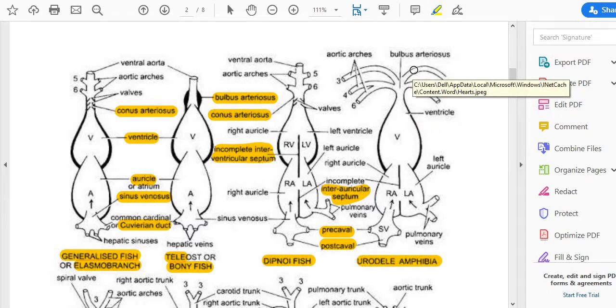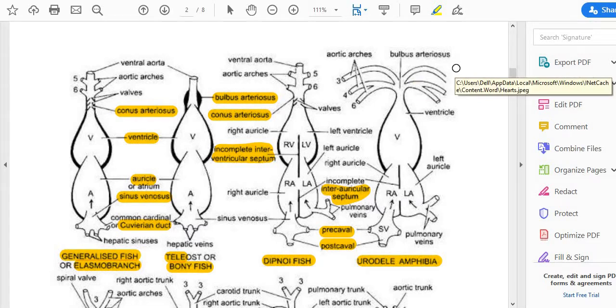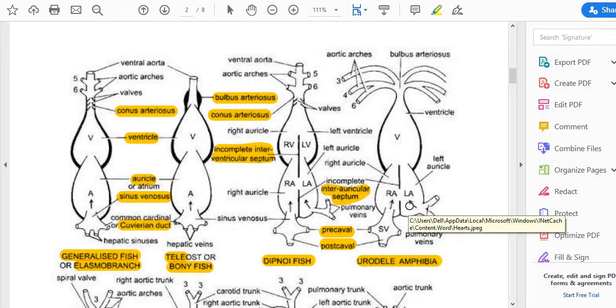goes to the lungs for purification, because adult amphibians respire with lungs. From the lungs the blood gets purified. The deoxygenated blood gets purified into oxygenated blood, and this oxygenated blood is again taken inside the auricle, but here it is the left auricle.